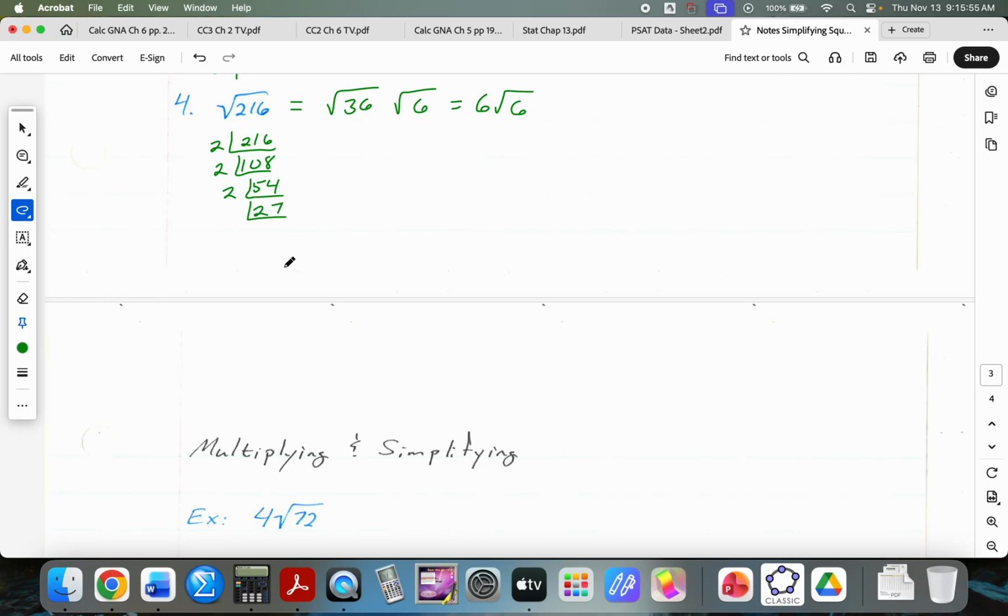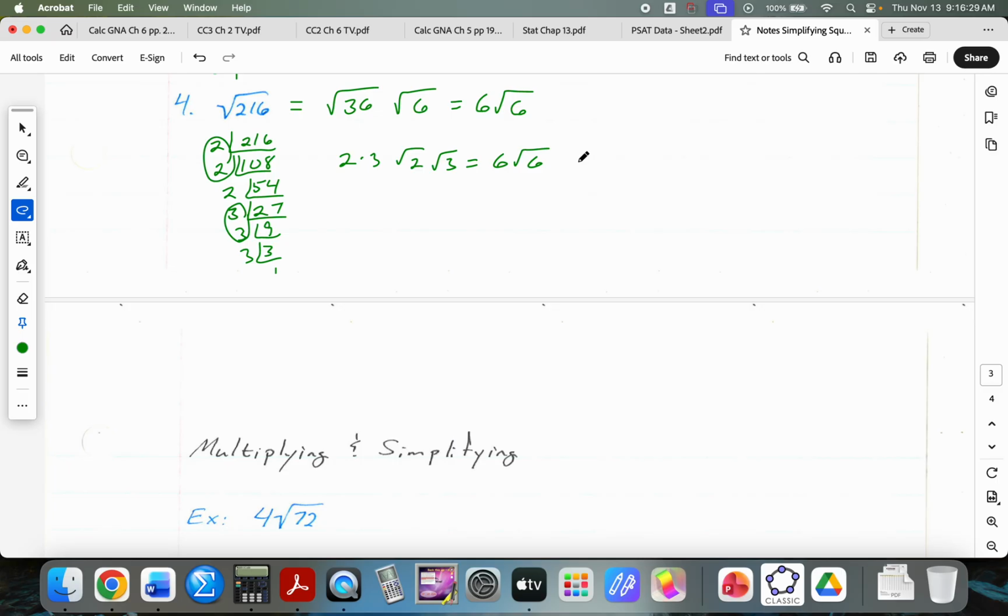Can't divide by 2 anymore, but I can divide by 3. 3. Then it's 9. 3. 3. And then 3. So I've got the square root of 2 times the square root of 2 is 2. The square root of 3 times the square root of 3 is 3. I have a square root of 2 left over and a square root of 3 left over. So you multiply them together to get the square root of 6. Yeah. We multiply the whole numbers together and we multiply the square roots together.